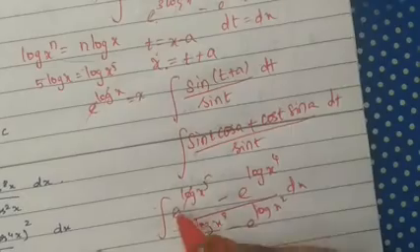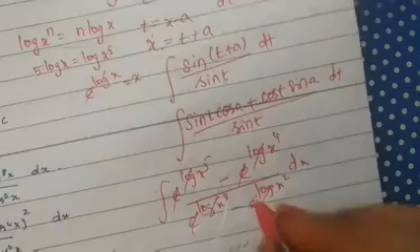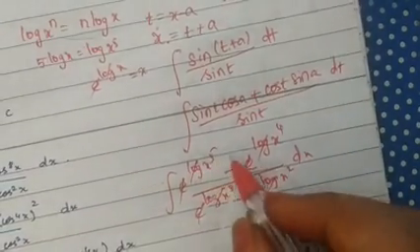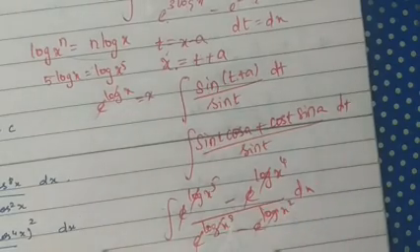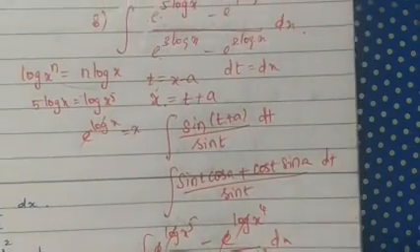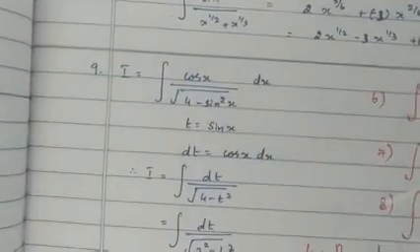So the log and exponential will cancel off. You will get the integral of x power 5 minus x power 4 divided by x cubed minus x squared into dx. Take whichever is common, cancel it out, separate the integral and write the solution. Let us move on to the 9th sum.